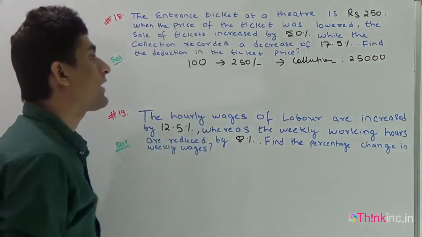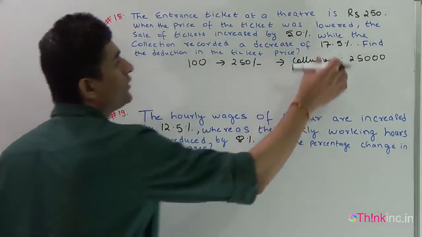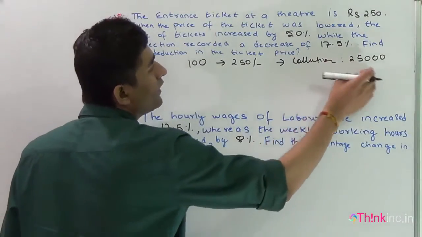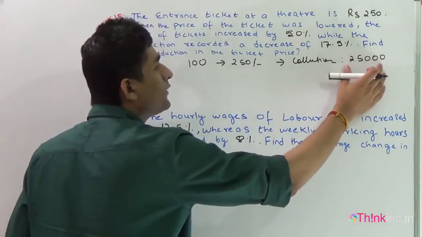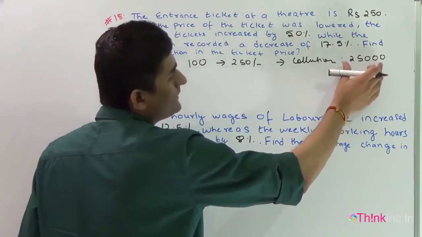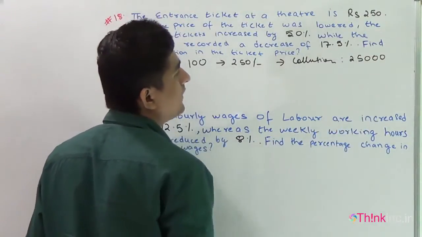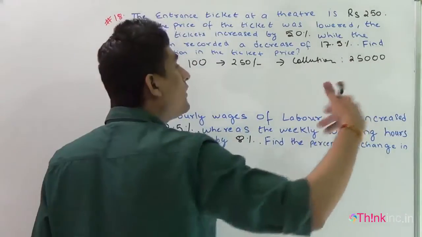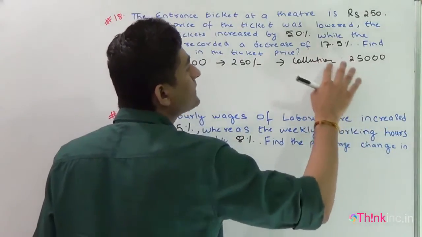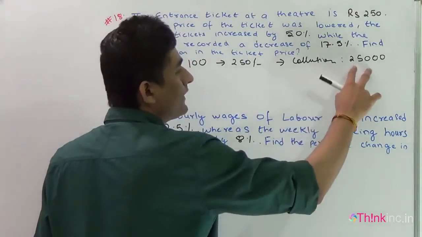This is the collection earlier, but now this collection is reduced by 17.5%. That means it has been reduced by 17.5% of 25,000. Earlier it was 25,000, now it has been reduced by 17.5%. That means now the collection is 82.5%, because 100 minus 17.5% is 82.5.